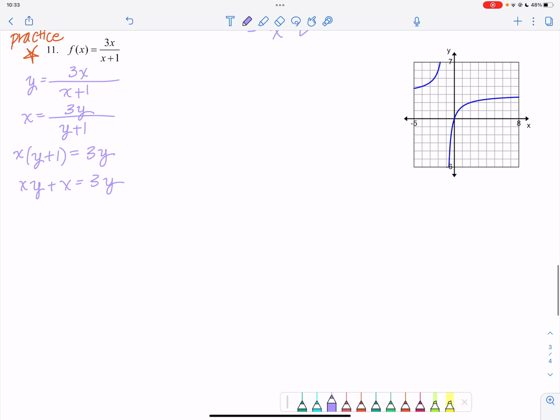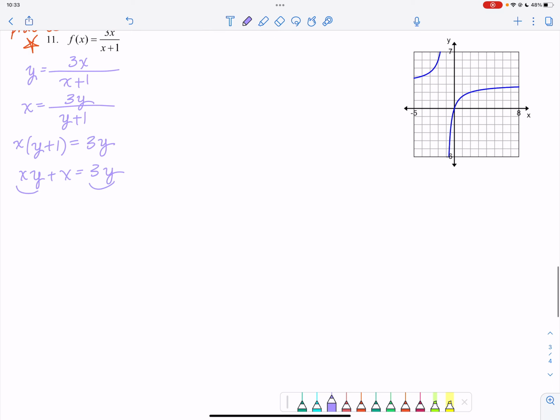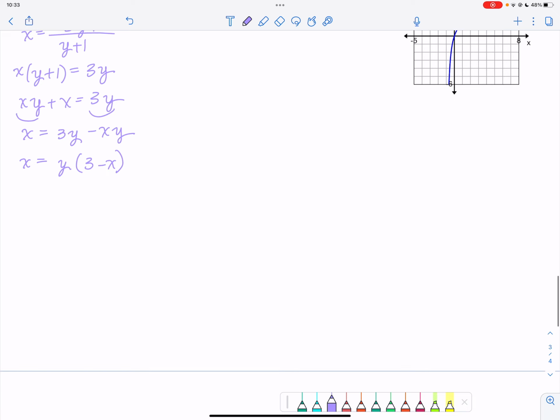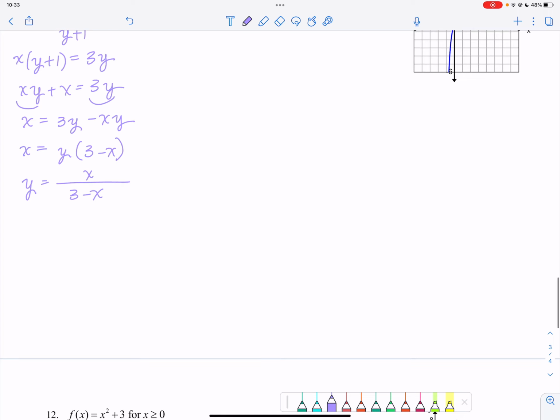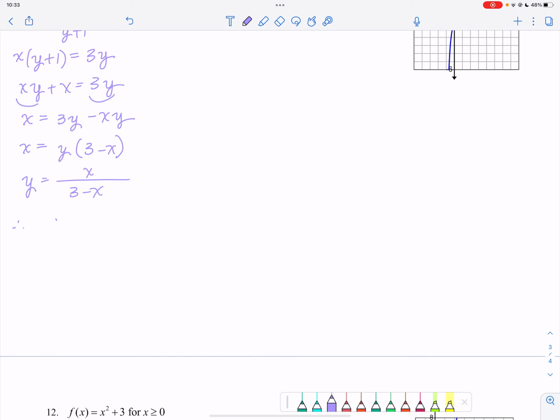So we are going to have to make sure that the terms with a y in it are on the same side. So we'll have x equals 3y minus xy, and factoring that y out, we have 3 minus x. So y is equal to x divided by 3 minus x. Therefore, f inverse of x is x divided by 3 minus x.